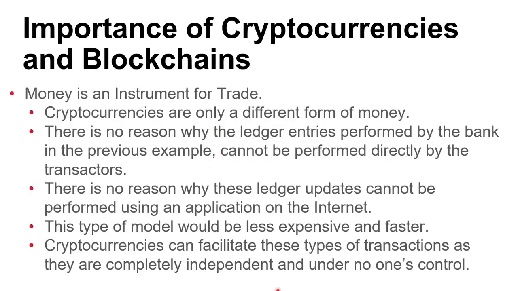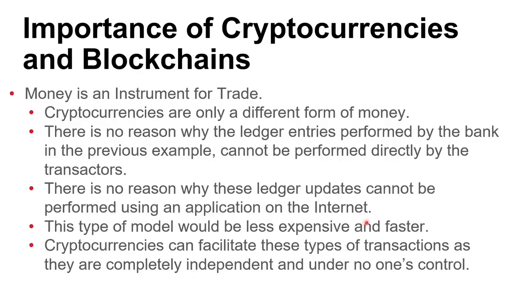Cryptocurrencies are a different form of money. So there is no reason why ledger entries performed by a bank or a trusted third party cannot be performed directly by the transactors. That is the basis for a lot of payment networks or payment blockchains. There's no reason why the ledger updates could not be performed using an application over the internet.